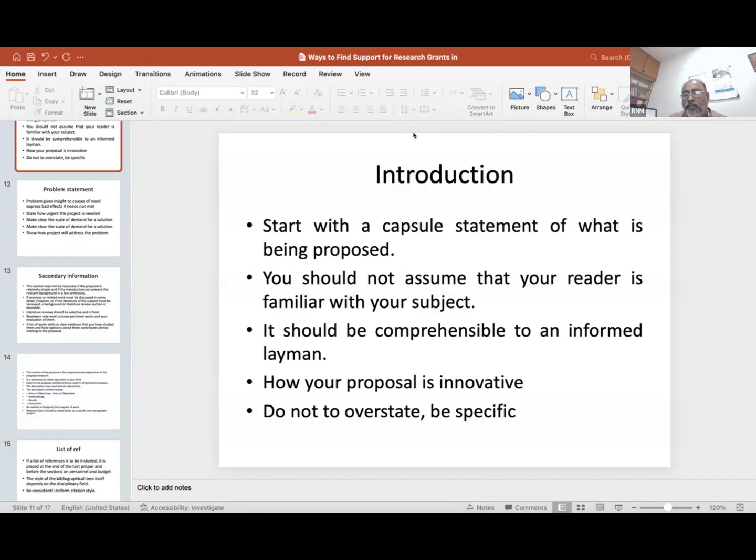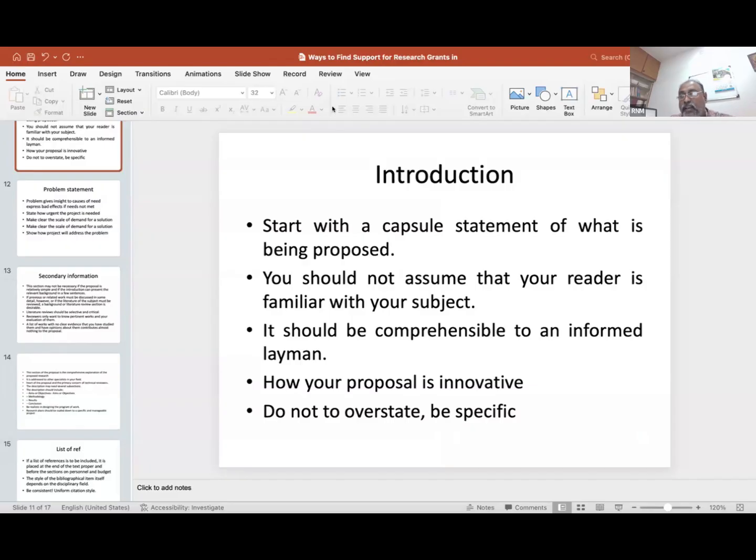This fellow has put the entire sky under the umbrella, so let's keep this guy out. That is how proposals are generally evaluated. So you have to be very, very precise. I'll tell you, not more than 4 to 5, or maximum 6, research questions, objectives, and hypotheses should be there.